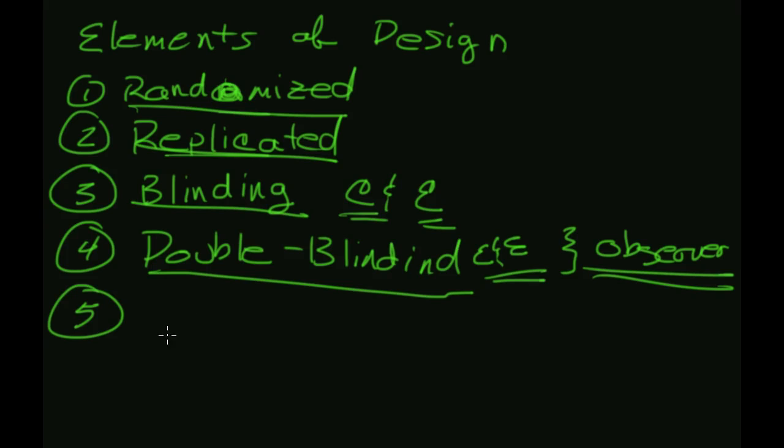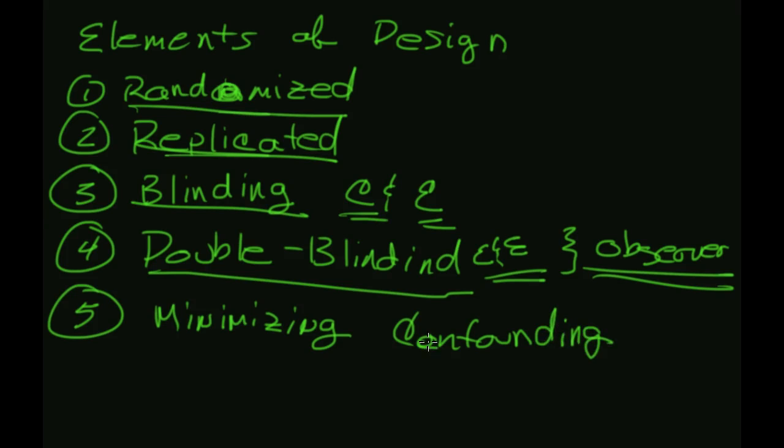And finally, we want to do things like implementing controls in order to minimize confounding. Okay, so 5 basic elements of design.